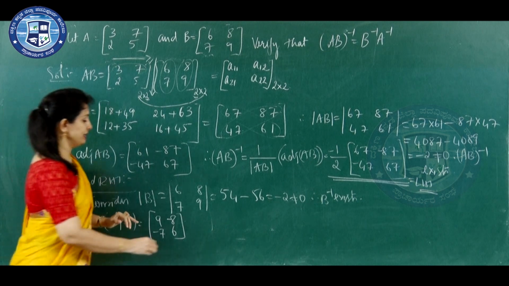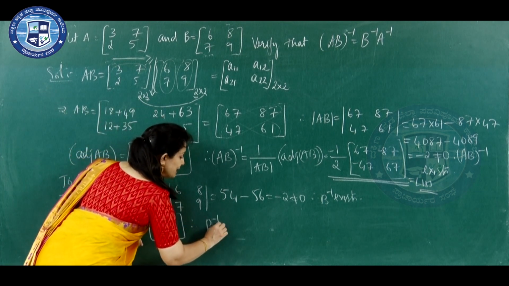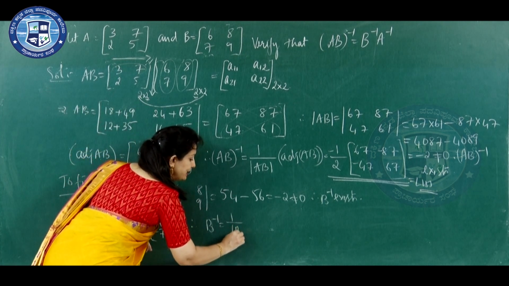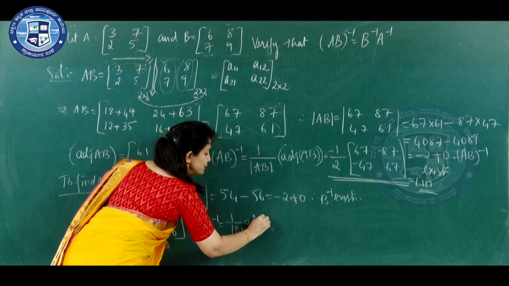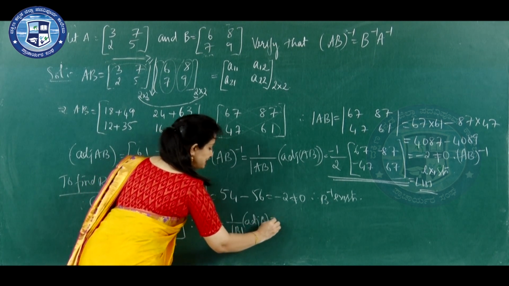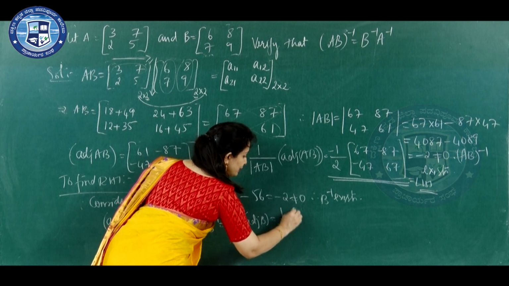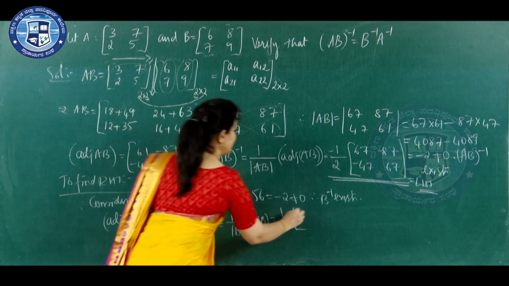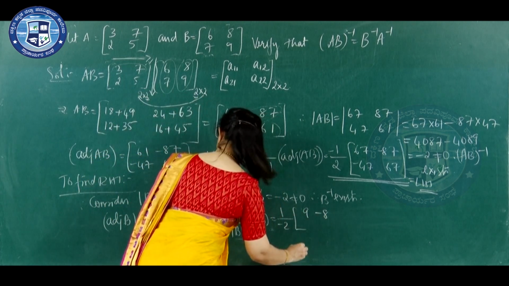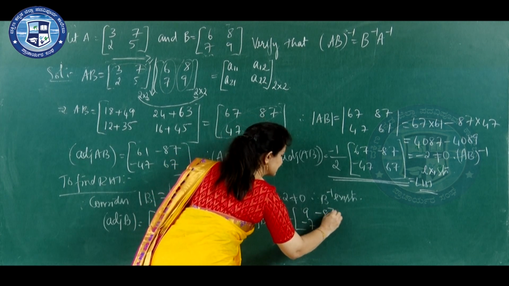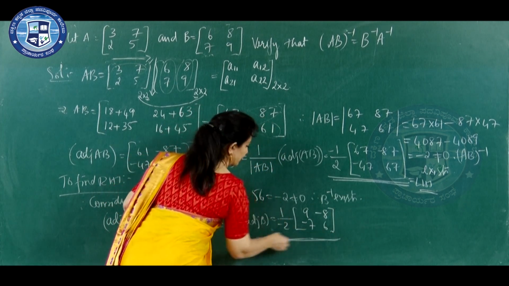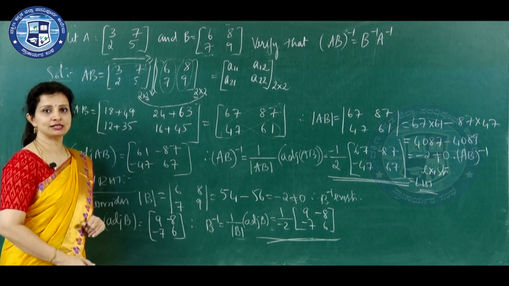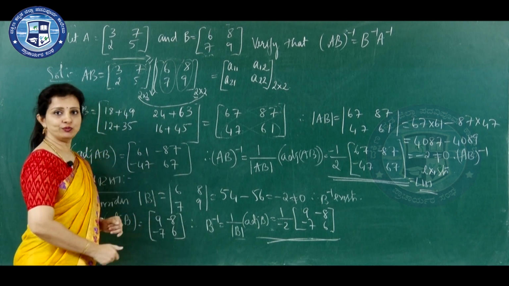That is adjoint B. Therefore, B inverse is equal to 1 by determinant B into adjoint B. What do we get? Which is equal to 1 by minus 2 into adjoint B, which is 9, minus 8, minus 7, 6. This is B inverse. Similarly, find out A inverse.